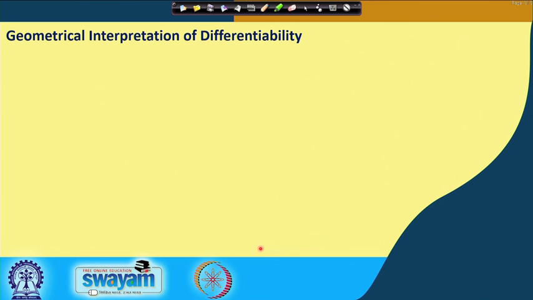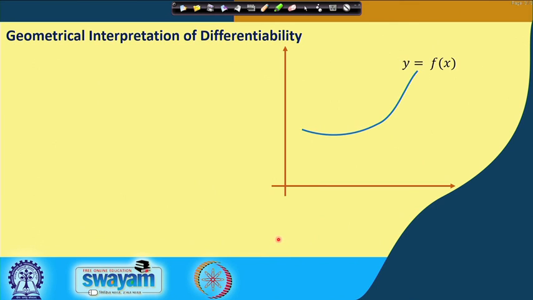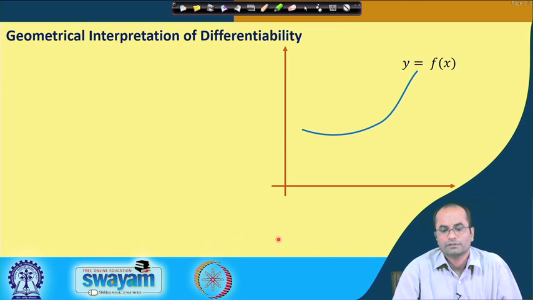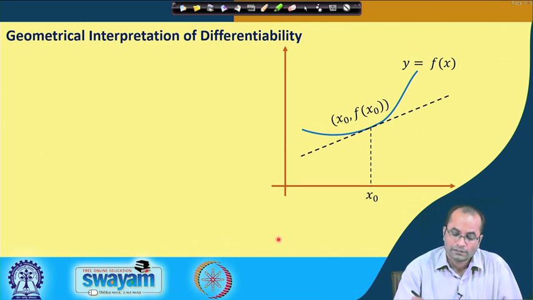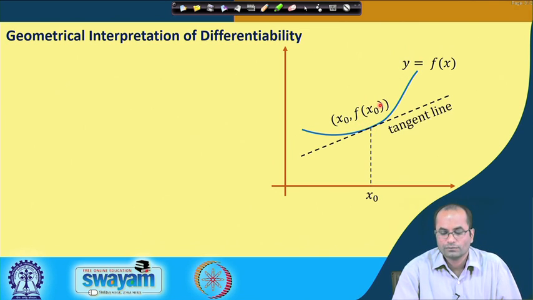So, the geometrical interpretation of differentiability. What we have seen in the case of a function of a single variable is that at this point x 0, the value of the function is f x 0. This is the tangent line.